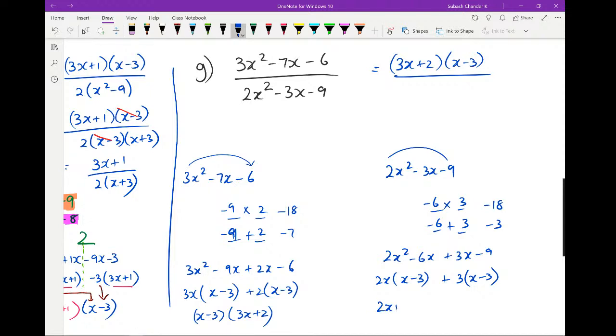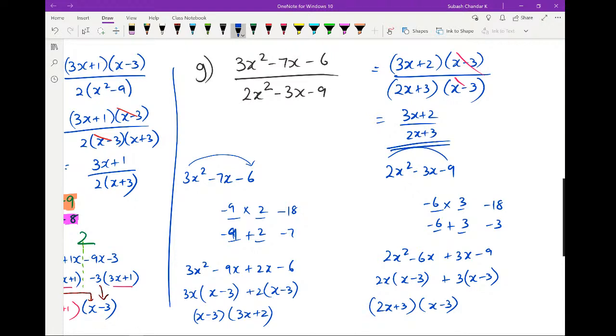So I can rewrite this as (2x plus 3) multiplied by (x minus 3). So that's my denominator. Cancelling out the common factor, I end up with (3x plus 2) over (2x plus 3) as my answer.